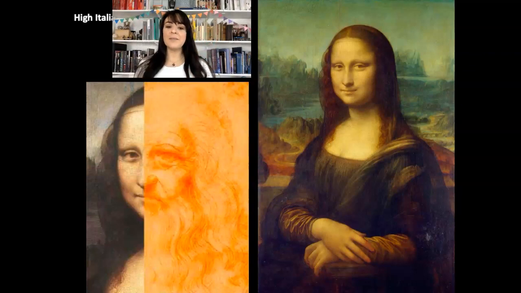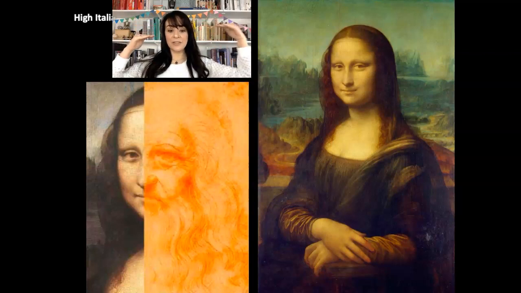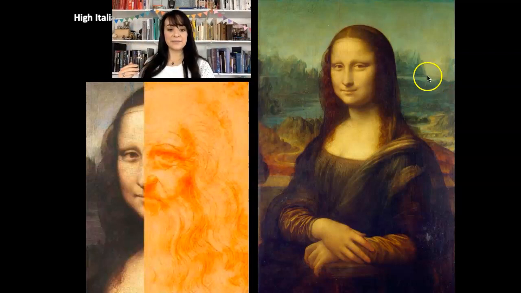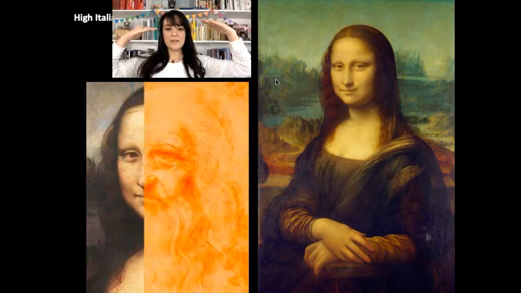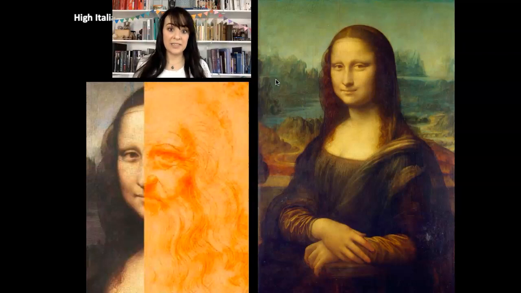Now there are some elements that still capture the eye of people. The fact that the landscape does not align, if you look behind her, the horizon line doesn't quite line up. The horizon is taller on this side than this side. And so many people have tried to read into that.